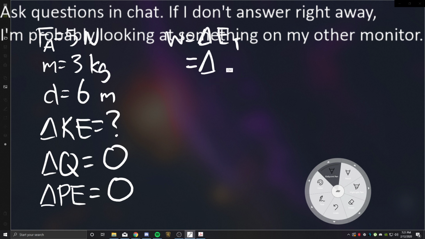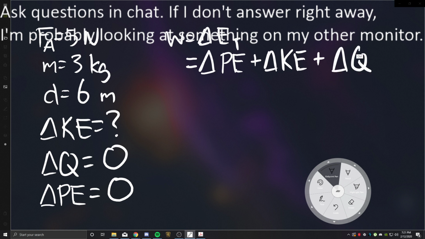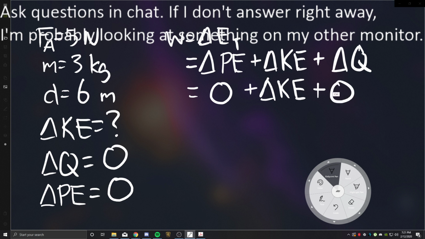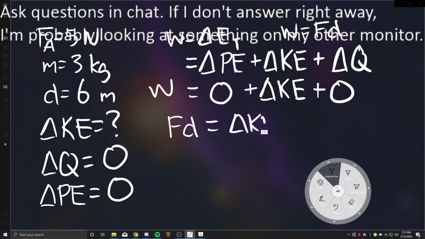We know that change in total energy is equal to change in PE plus change in KE plus change in Q. You're not going up, so your change in potential energy is zero, and we don't know what our change in kinetic energy is. My change in Q is zero because I have no friction, so you're not losing any energy to friction. And we know that work is force times distance, so force times distance is equal to change in kinetic energy.